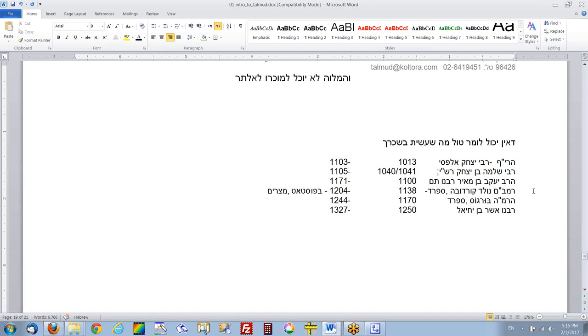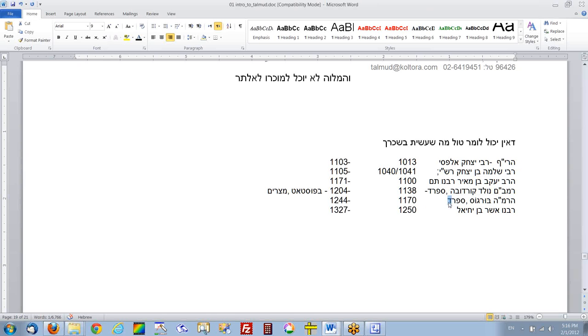However, when we talk about the poskim, the Rambam is one of the giants of the poskim, one of the giants of the people who tell us what the halacha is. We'll also be handling in this particular piece a person called the Ramah, who lived about the period of the Rambam, a little later.